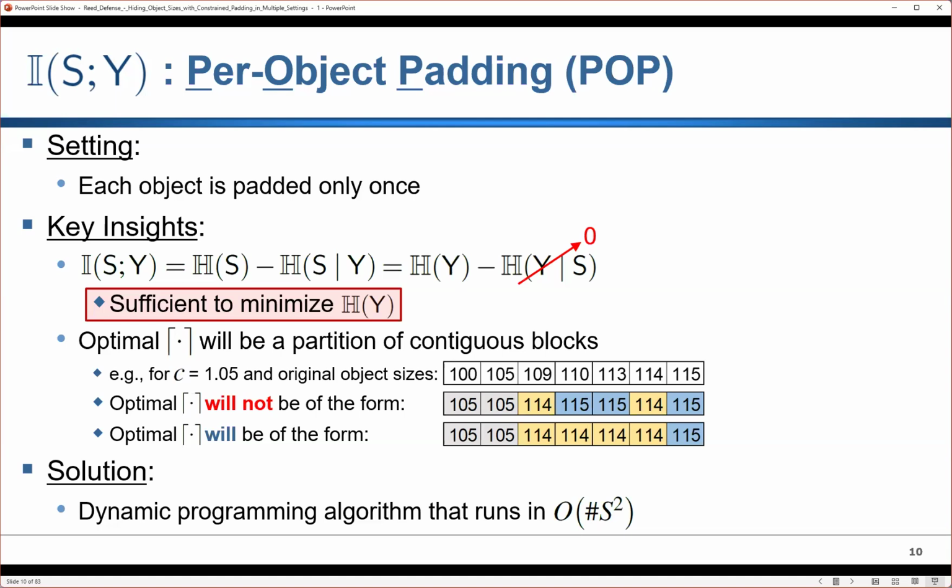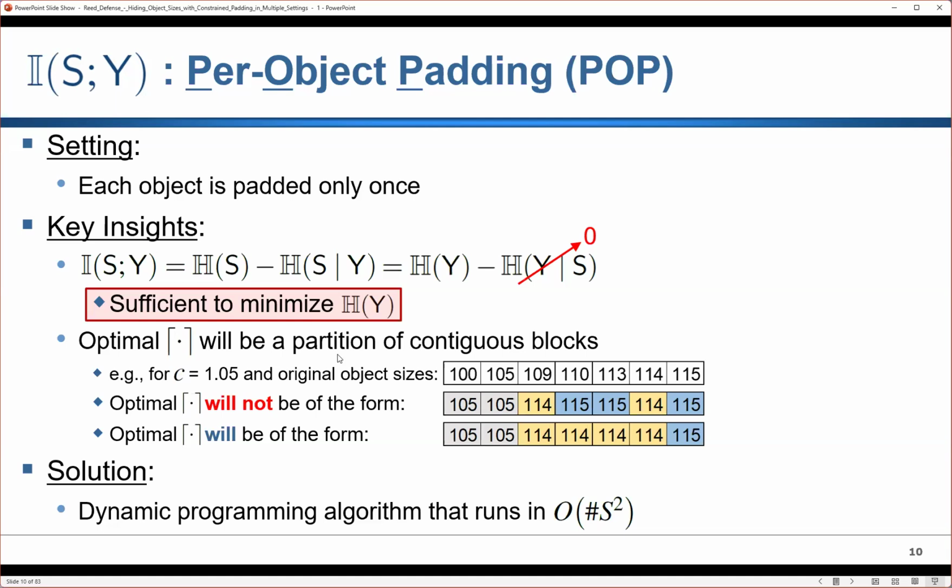In this setting, because it's per object padding, this term on the right goes to 0, and so it's sufficient just to minimize the entropy of padded sizes. And we show in the dissertation that whatever the optimal padding scheme will be, it will consist of a partition of contiguous blocks.